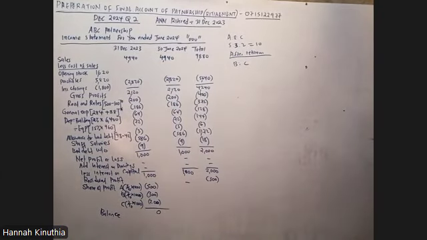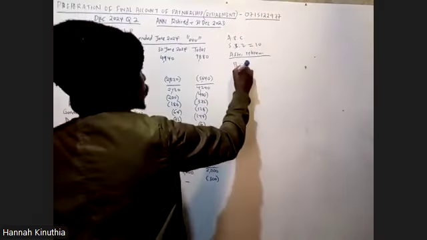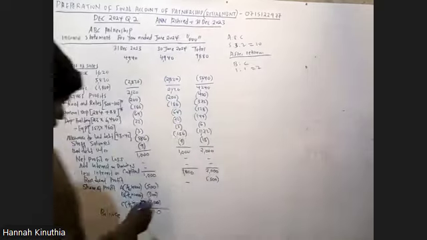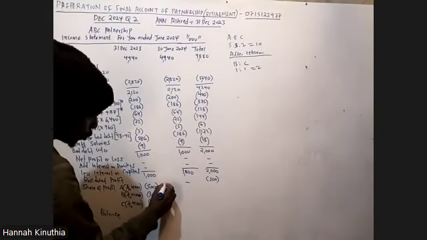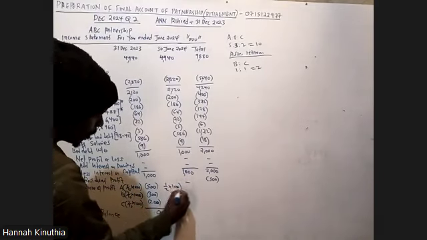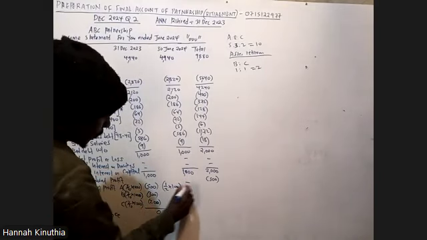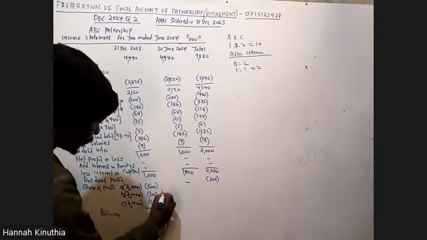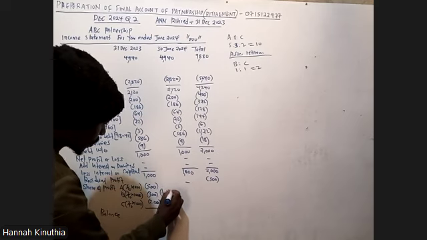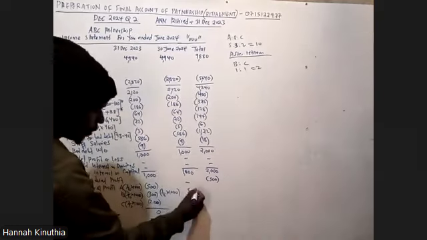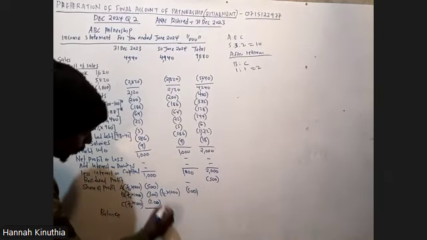Now, B and C, they were to share the profit equally. Now, equally 1:1. So they were to share 1:1, which is equals to 2. So we have to call a half. So a half of this amount, 1,000. Ngapi? Sorry, B. So a half times 1,000 atachukua 500. And then mwingine pia atachukua a half.